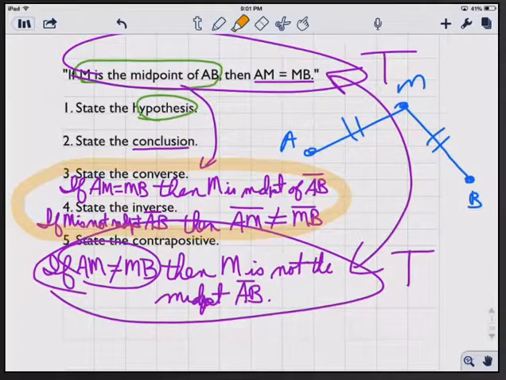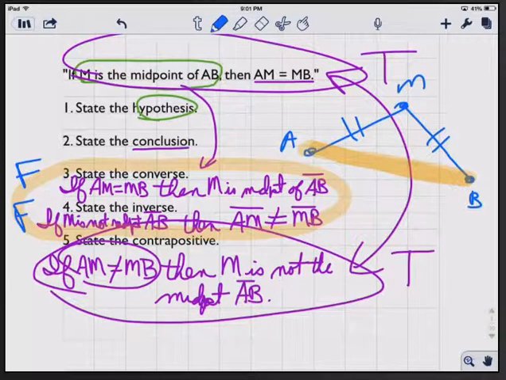I haven't even drawn in segment AB. Segment AB would be like this segment right here. Point M is not even on that segment, but it is possible to still be the same distance away from points A and B. So because the converse is false, the inverse has to be false for the same counterexample, which is the diagram over to the right.